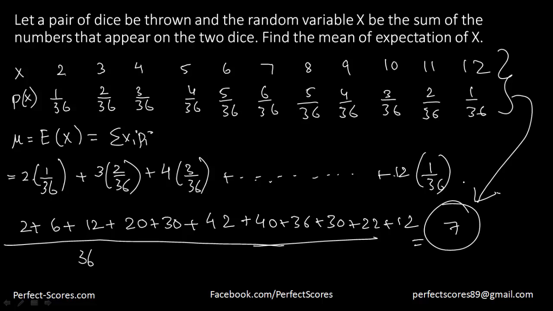As the number of throws keeps on increasing, your average value is going to be more towards 7. Right? So I hope you're understanding this point, guys.